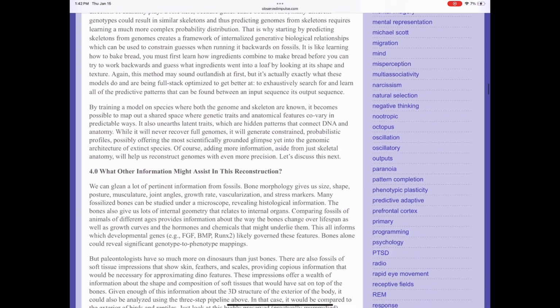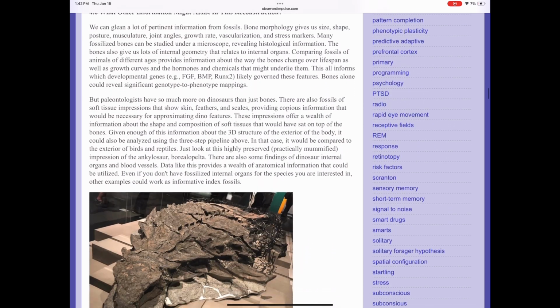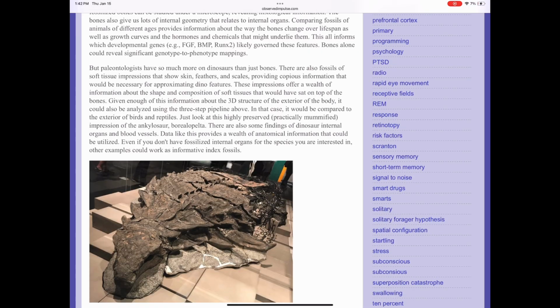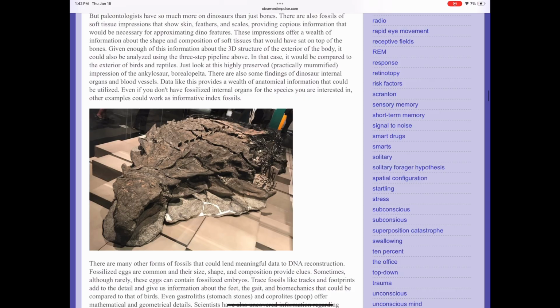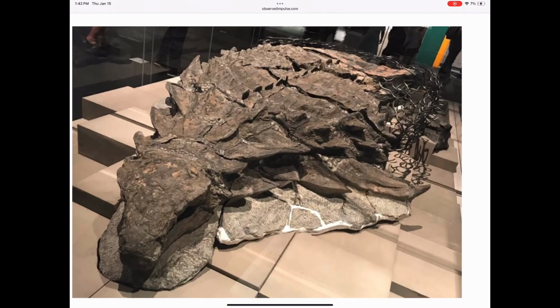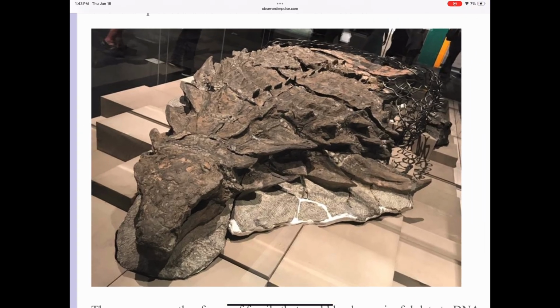So we also have a lot of soft tissue fossils, remnants from some of these animals that lived tens of millions of years ago. And that would help because we can compare them to the soft tissues and other structures of living reptiles and birds in the same kind of way.